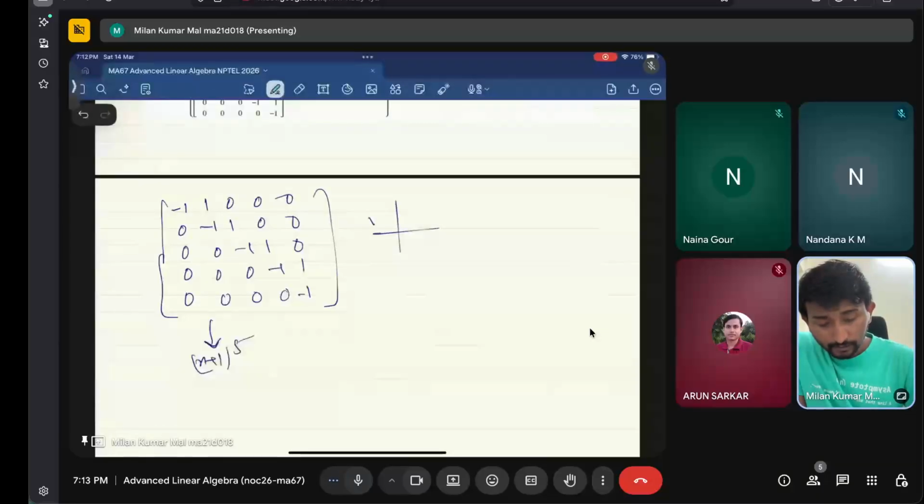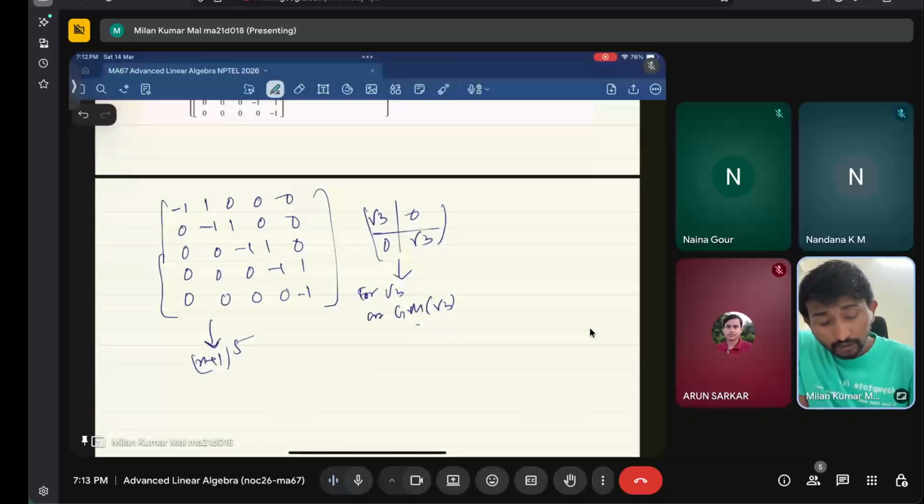Corresponding to minus 11 there will be at least 2 blocks of minus 11, for lambda equals minus 11, as the geometric multiplicity of minus 11 is 2.